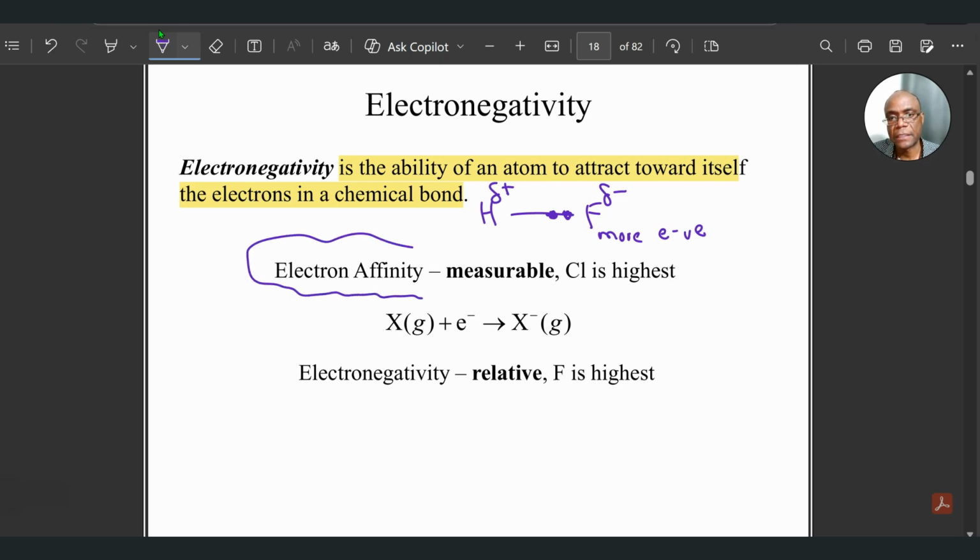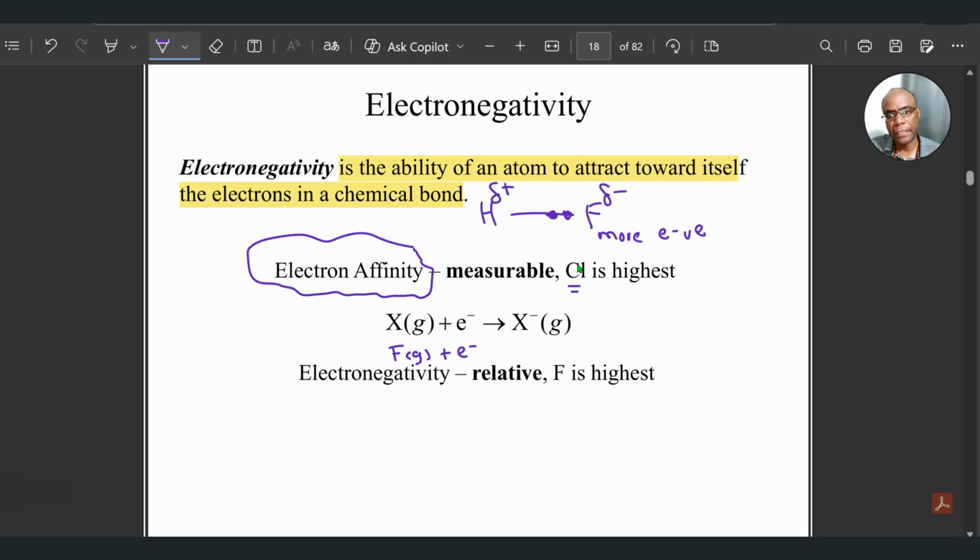Electron affinity itself is measurable. Chlorine will have the highest electron affinity, okay, which is just the energy released when an atom absorbs an electron. Take, for example, a fluorine atom in gaseous state.